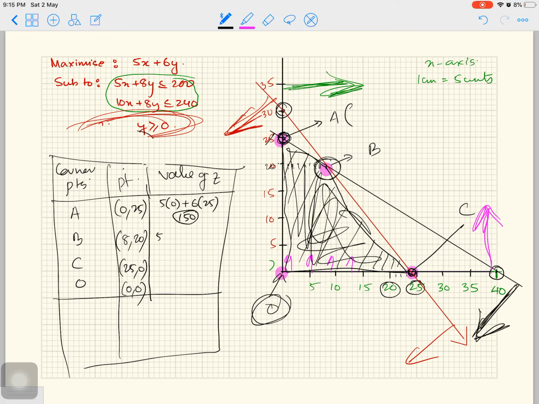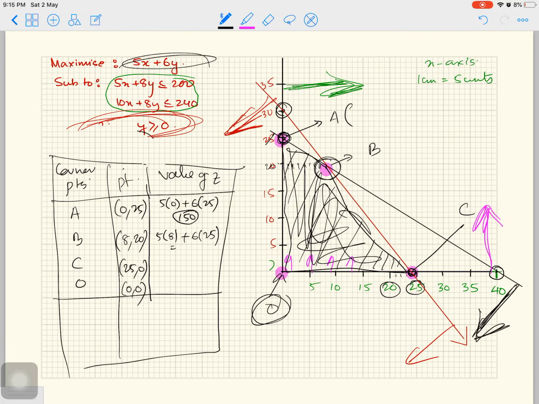And the second one is 5 into 8 plus 6 into 25. Where am I putting this value? Here, in Z. So let me use a calculator, 5 into 8, and that's 40, plus 6 into 25.